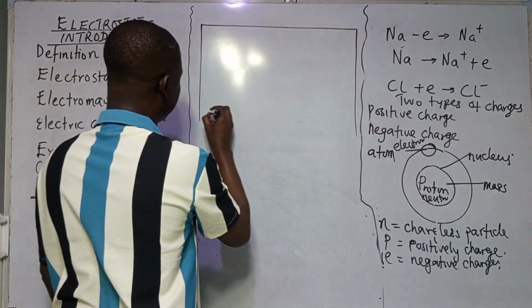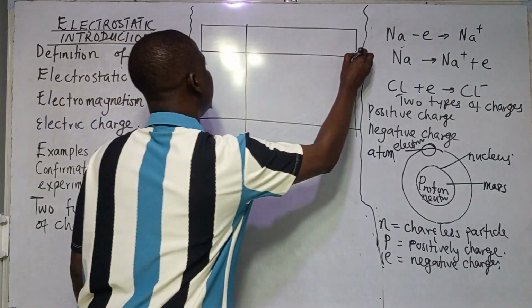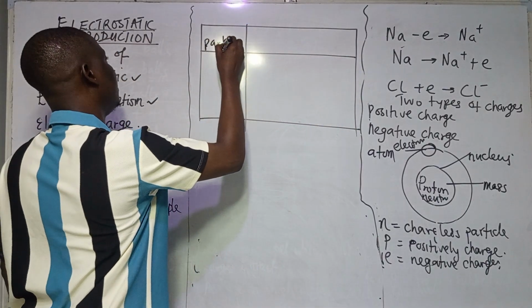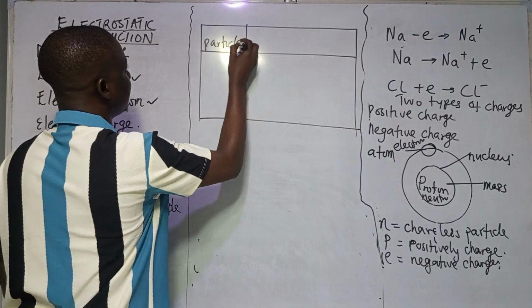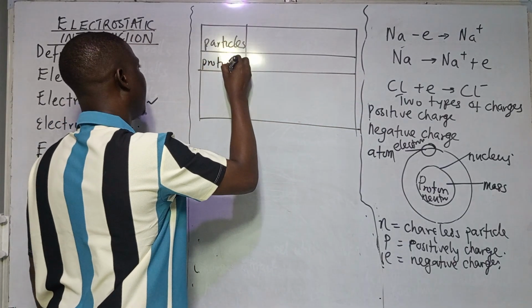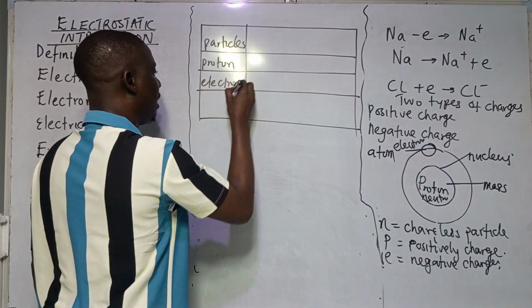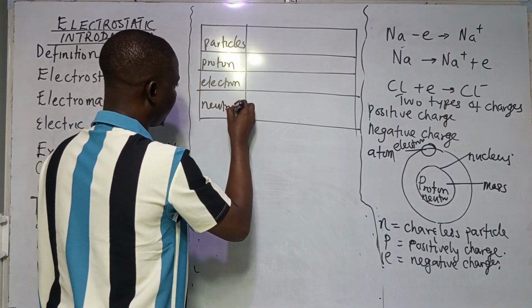Now, let's say we have a table like this. Let's say the particles involved: we have the proton, the electron, and the neutron.